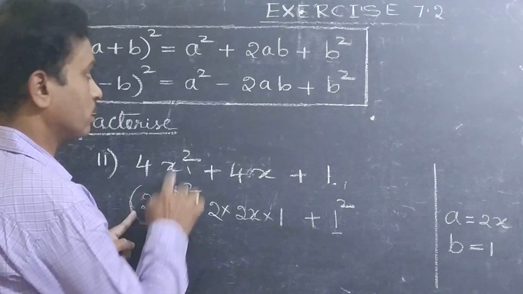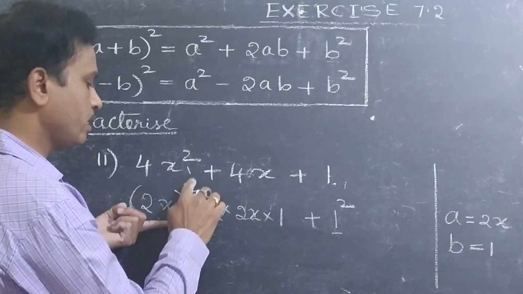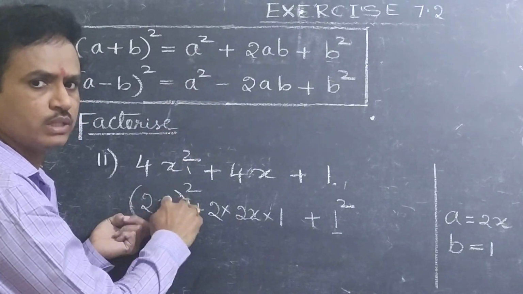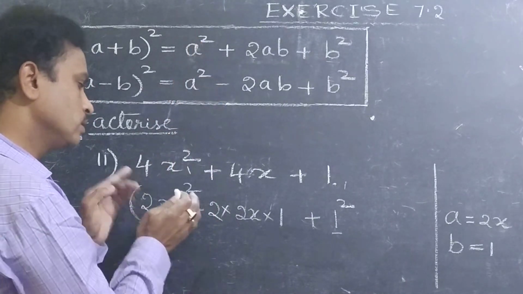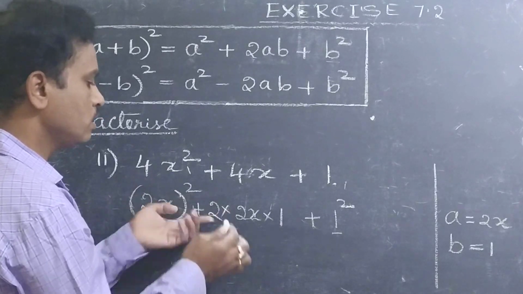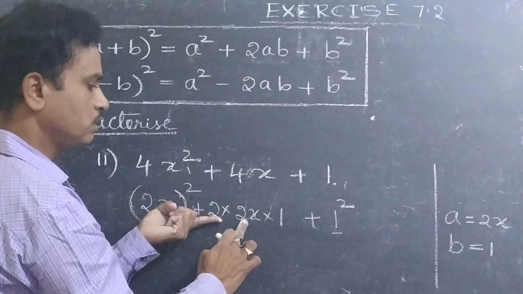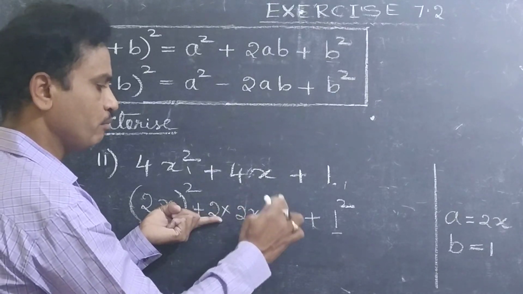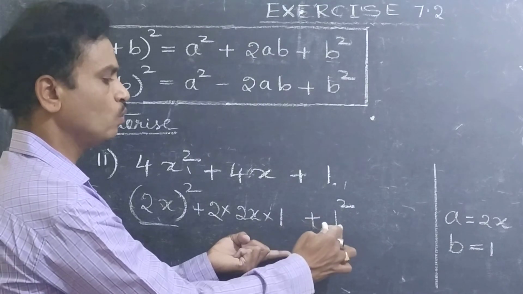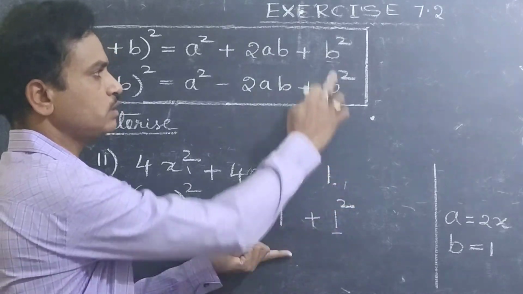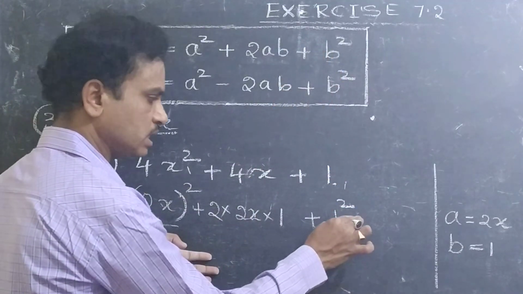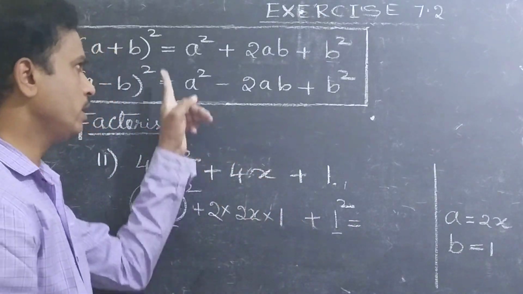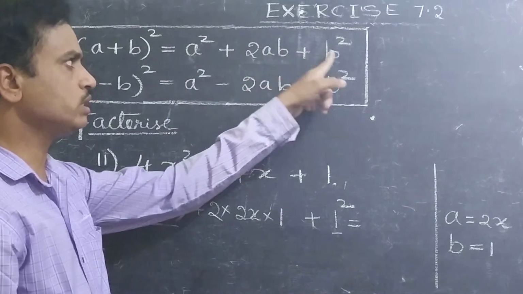Now we got this in the form a square plus 2ab plus b square. 2x whole square is nothing but a square. Then this 2 as it is, this is the a value, this one is the b value, that means 2ab, plus 1 square, that is b square. Now totally it becomes the form a square plus 2ab plus b square.